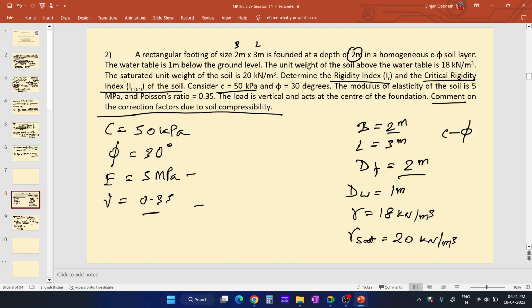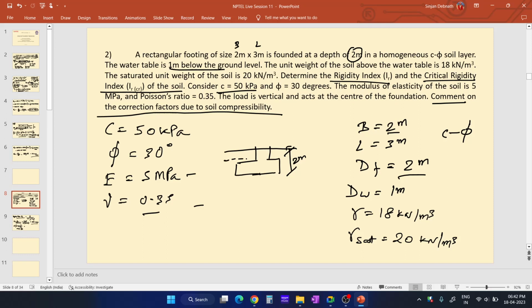Let me draw the footing here. Suppose this is your footing, this is your ground surface, and the depth of the footing is 2 meter, this is the dF value, and the water table is 1 meter below the ground level.